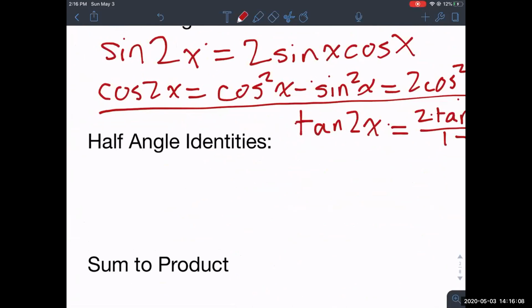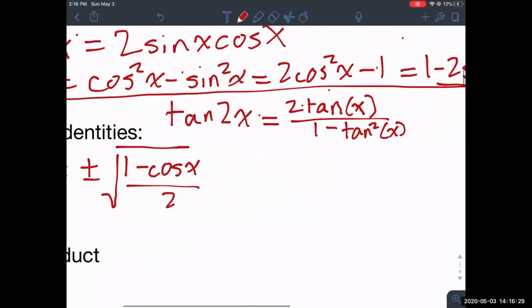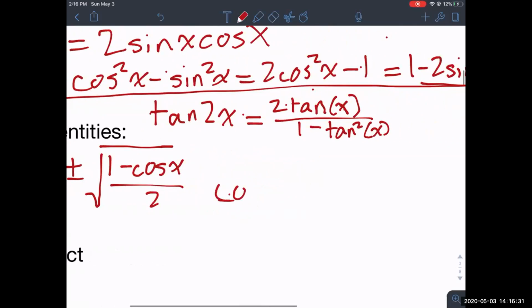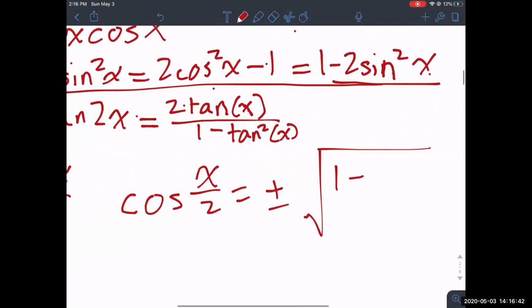So in this case, sine of x over 2 is equal to plus or minus the square root of 1 minus cosine x over 2. The positive or negative depends on the context of the question, whether x is within certain ranges, but don't worry about that for now. Cosine looks very similar. Cosine of x over 2 is positive or negative the square root of 1 plus cosine x over 2.